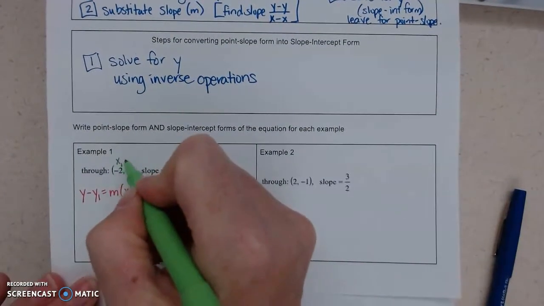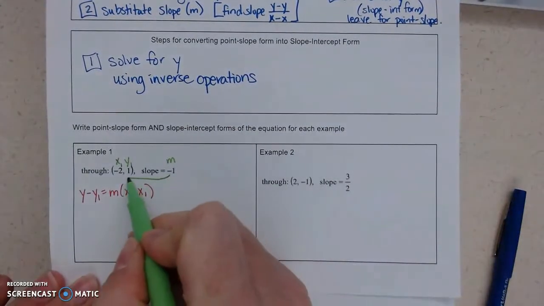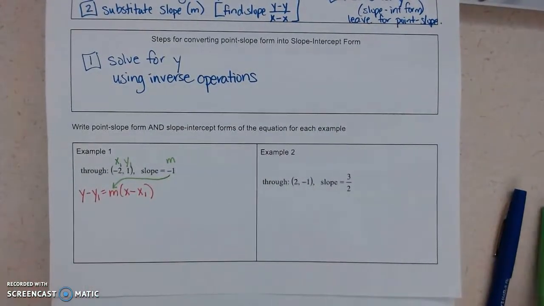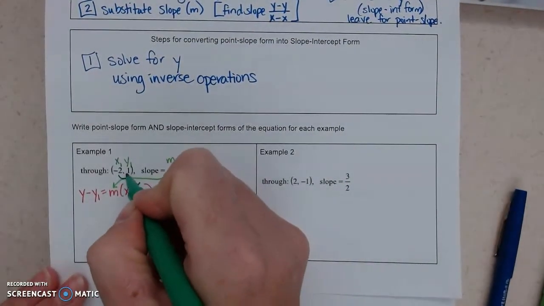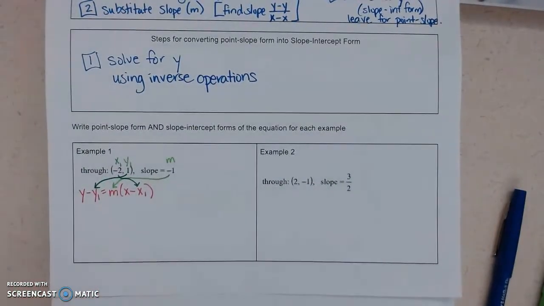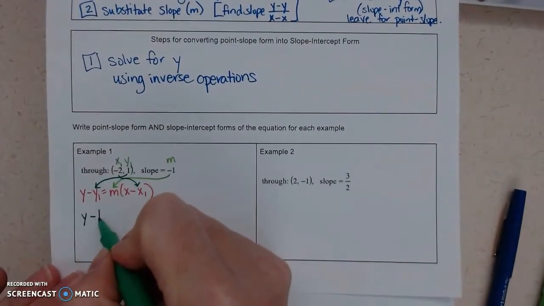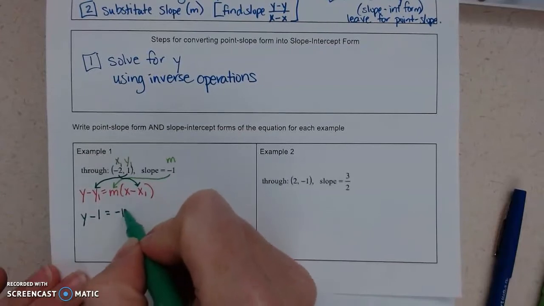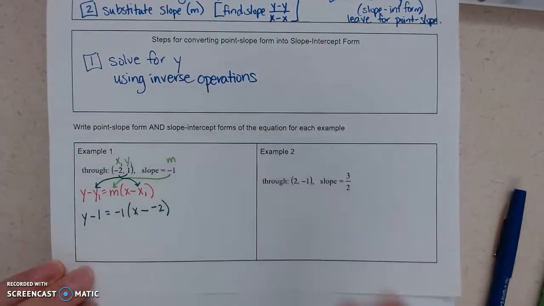So this is x1, y1, and this is m. I'm going to substitute my slope, and we're going to substitute the x and the y value. So we get y minus 1 equals negative 1 times x minus negative 2.